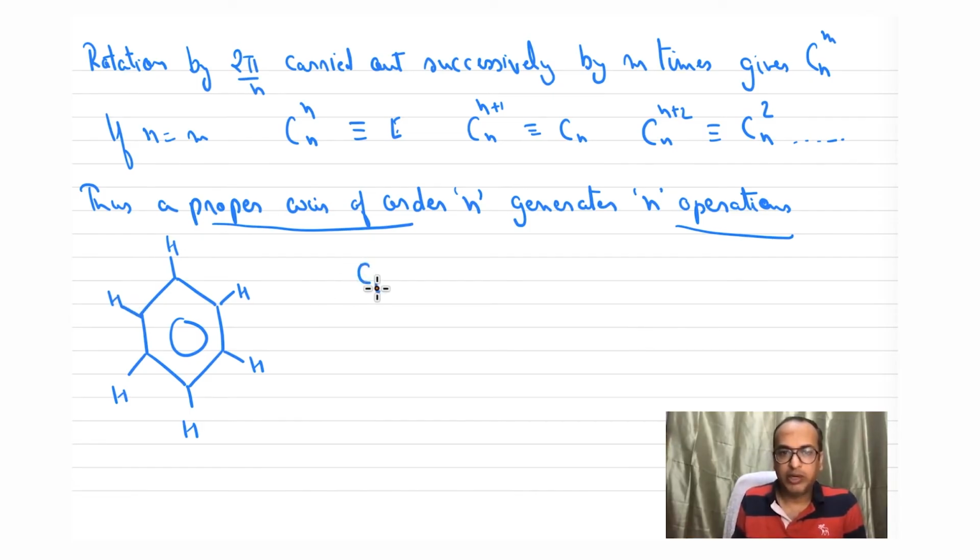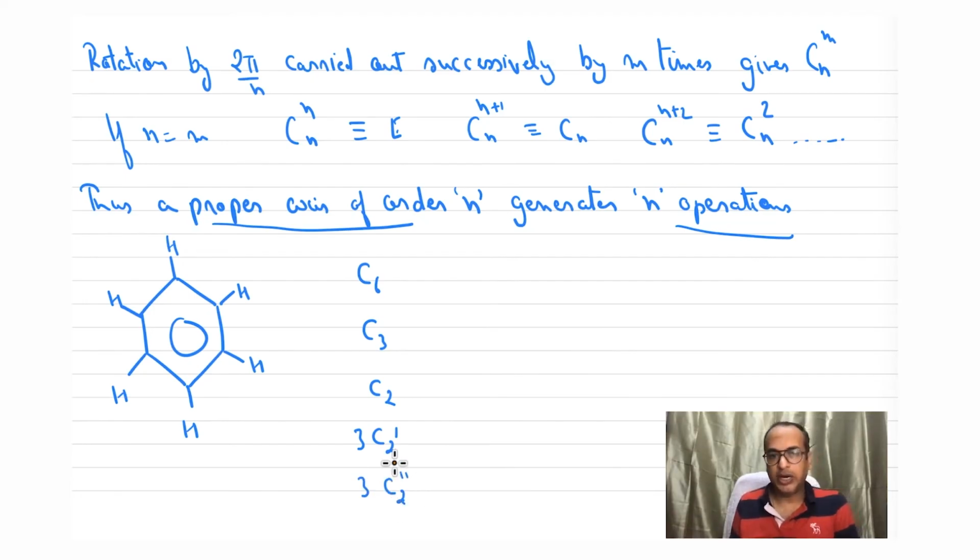So there will be one C6, and also try to work out what all operations it will generate. Then you will have C3, you will have C2. These three are collinear to each other. Then you will have C2 prime, three such C2s, and three C2 double primes.